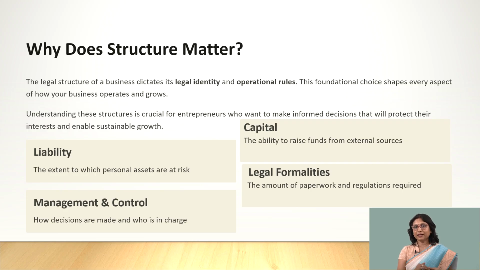Unlimited liability means whatever payments or obligations the business has to make in future, the entrepreneur's personal assets can be attached to that. If the business resources are not enough to cover the obligations or payments, the entrepreneur's personal assets may be attached to it, and that is unlimited liability.